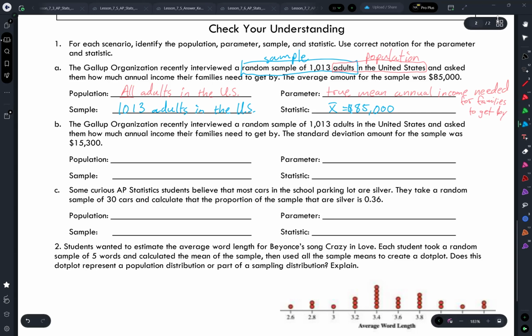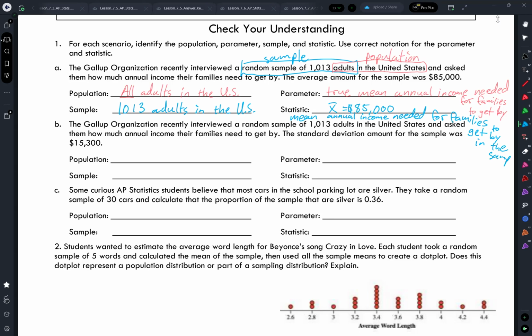And I guess I should say then that the statistic is the mean annual income needed for families to get by in the sample.